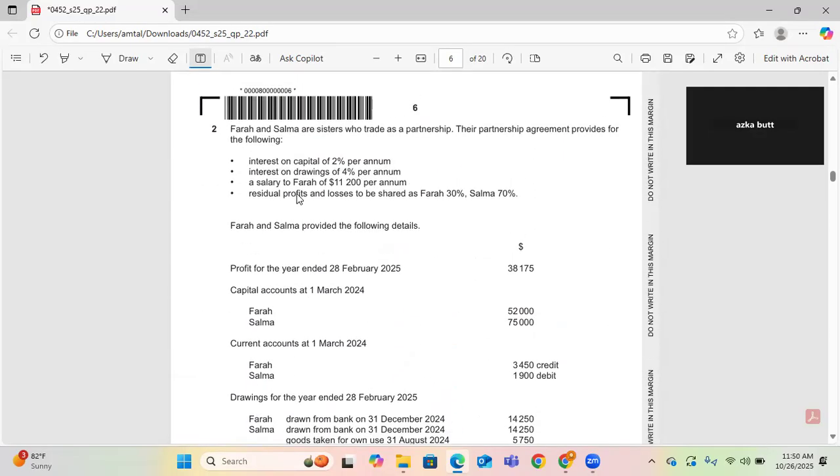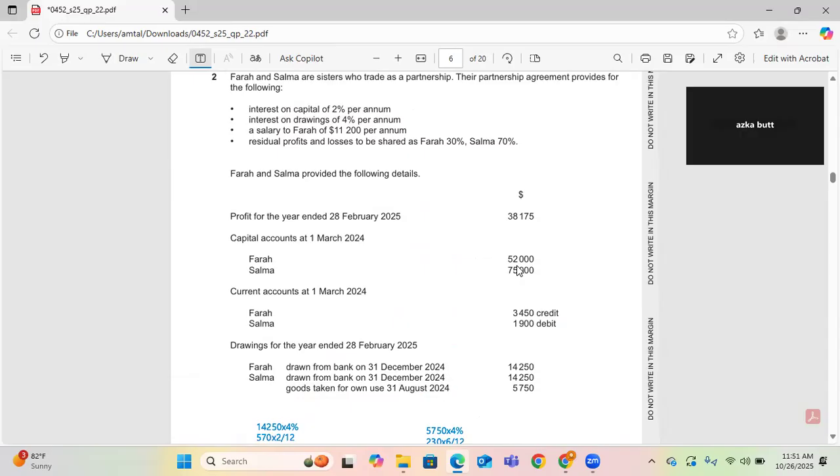Let's see. Okay. So the interest rate on the capital is 2% per annum. And how much is the capital? 52,000 and 75,000. Let me calculate. The interest on capital is 2%. 52,000 multiplied by 2 divided by 100.